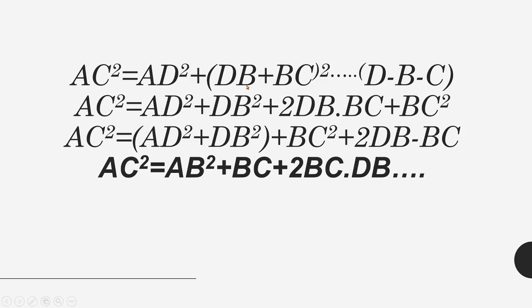After solving the bracket, AC square is equal to AD square plus DB square plus 2 into DB into BC plus BC square. Therefore AC square is equal to (AD square plus DB square) plus BC square plus 2 DB into BC.